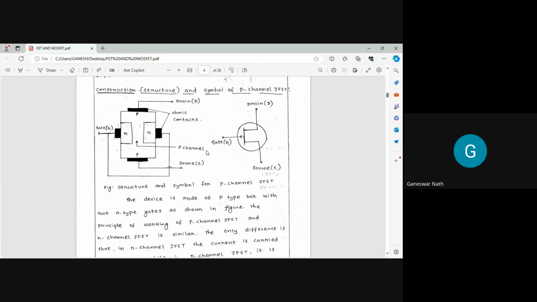Now the device is made of a P type bar with two N type gates as shown.